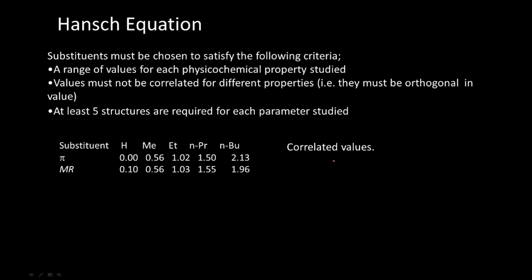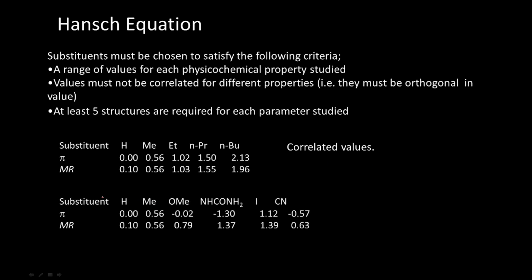Correlated values: we have substituents H, Me, OMe, pi, MR. As you can see, for some of them there is no correlation in values. Here there is no correlation in these values, whereas these are all correlated. MR and the pi.